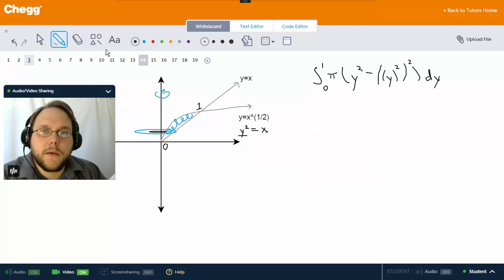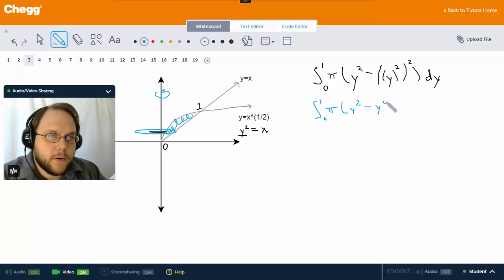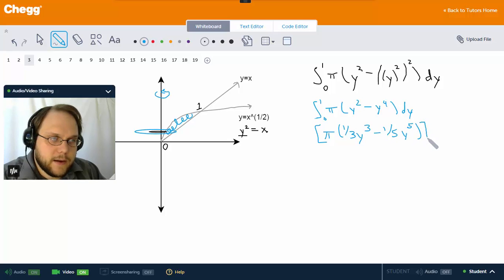Okay? And now we just need to work that out. So we integrate from 0 to 1 of pi times y squared minus y to the 4th dy. That gives us pi times 1/3 y cubed minus 1/5 y to the 5th, and we're plugging in the values 0 and 1.